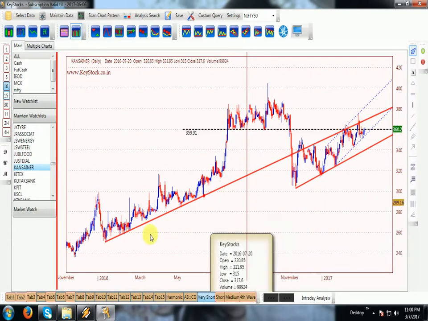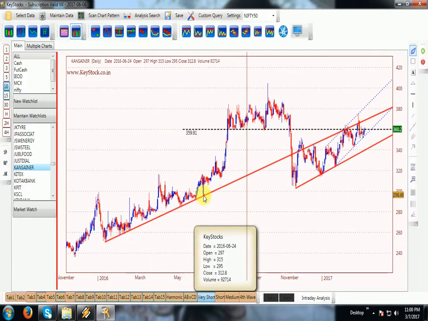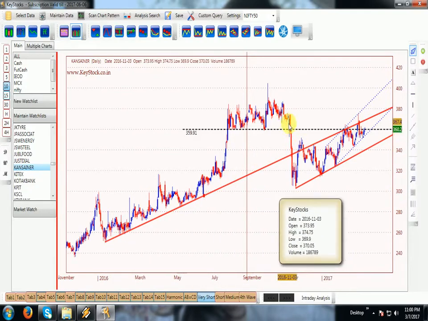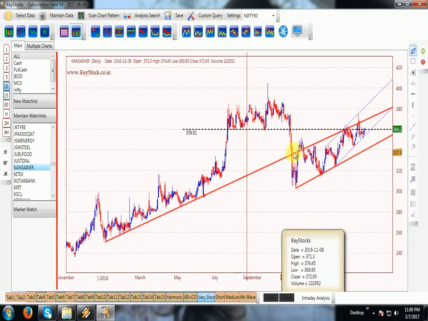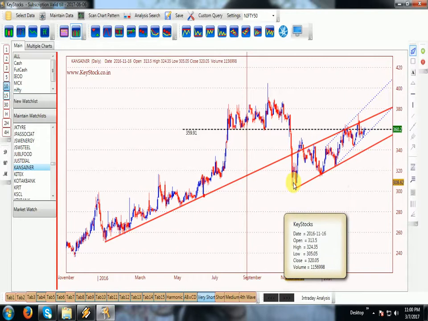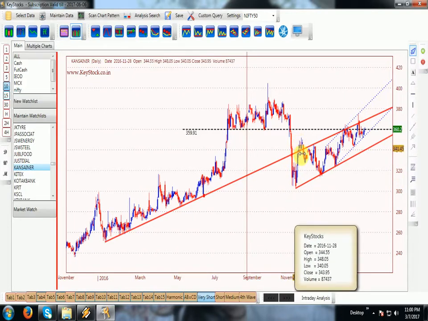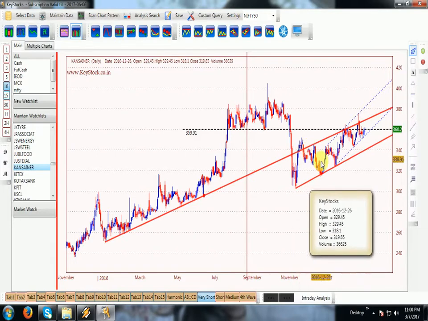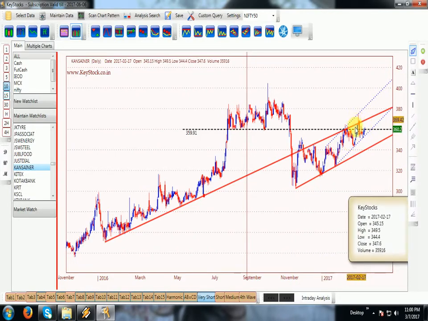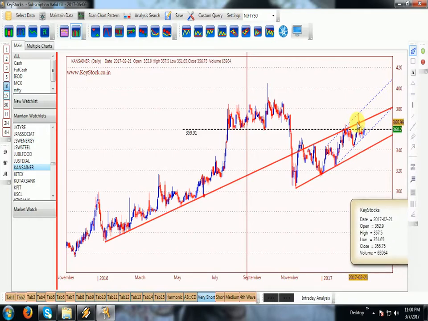This trend line was a support, and after that there was a rapid fall and the stock breached the crucial level. Whenever the stock tries to break this resistance line, it comes down. So the stock needs to close above this level decisively, or break this level very strongly.